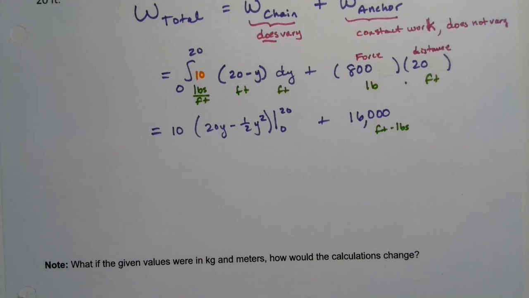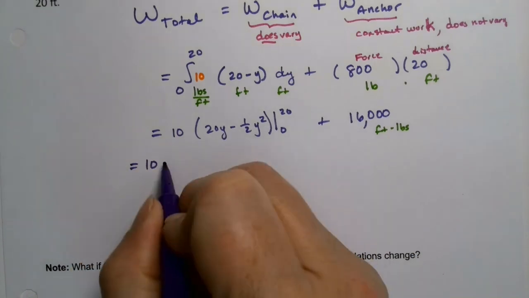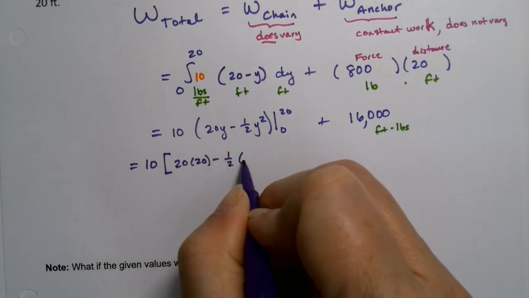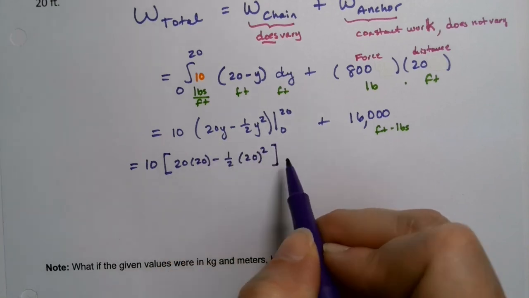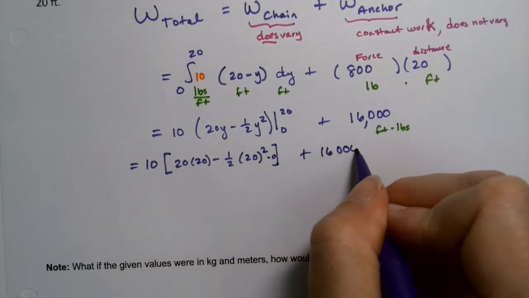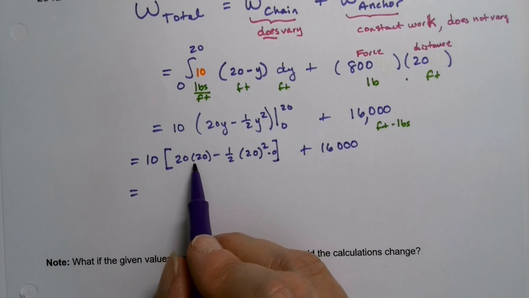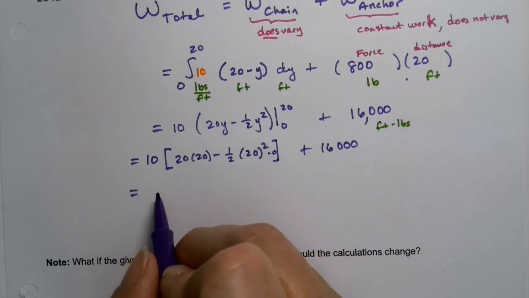All right, so let's integrate this. We already did, so let's put 20 in. 0 doesn't do anything, so we only care about the 20. So it's 10 times 20 times 20 minus 1/2 times 20 squared, and then plus 16,000. That's 400 minus 200, so that's 200. 10 times 200 is 2,000.